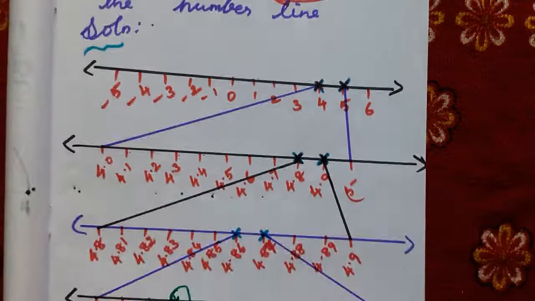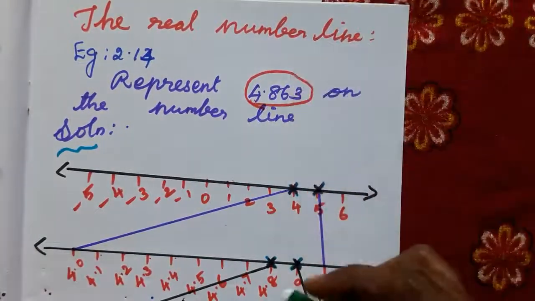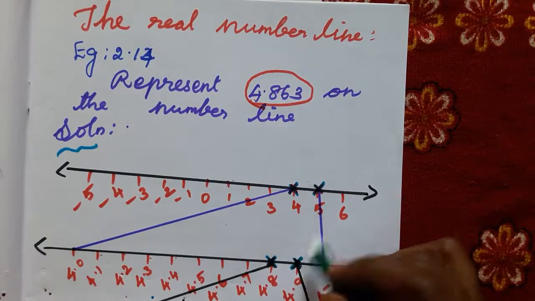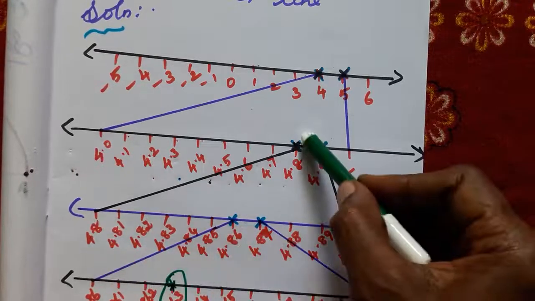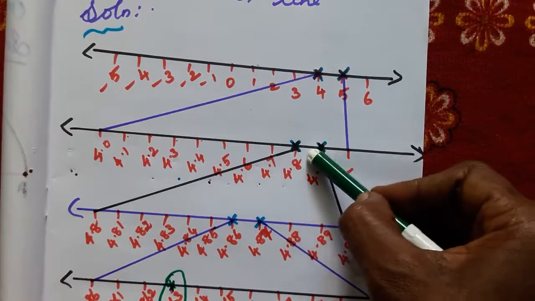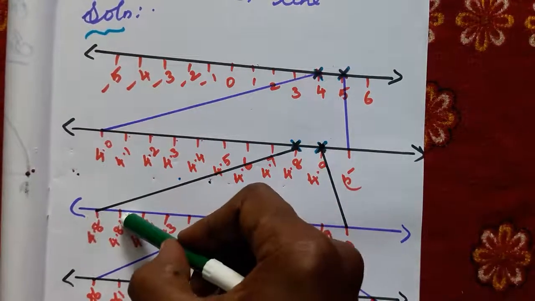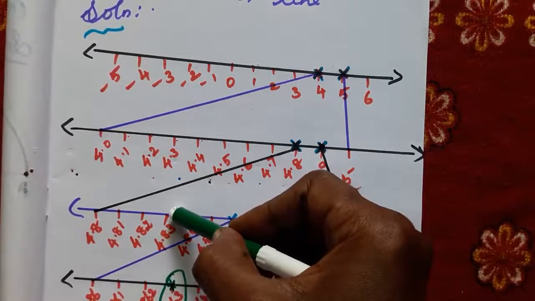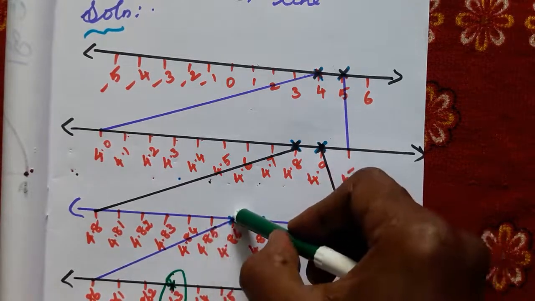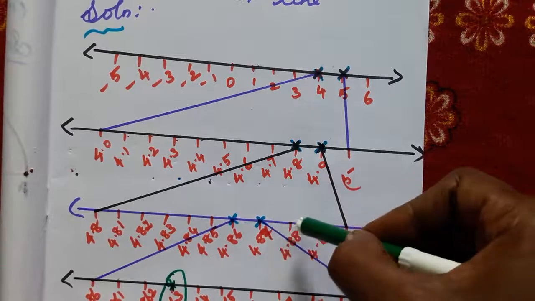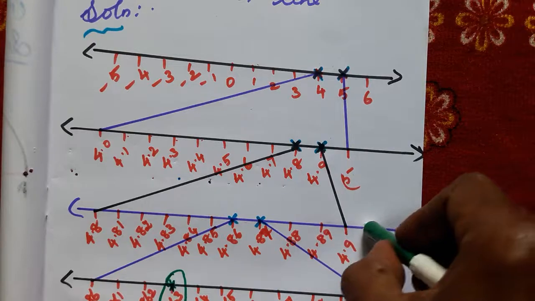Now 4.863 is between 4.8 and 4.9, so mark 4.8 and 4.9. Next start from 4.8: 4.81, 4.82, 4.83, 4.84, 4.85, 4.86, 4.87, 4.88, 4.89 and 4.9.